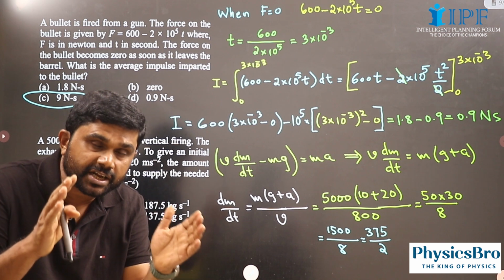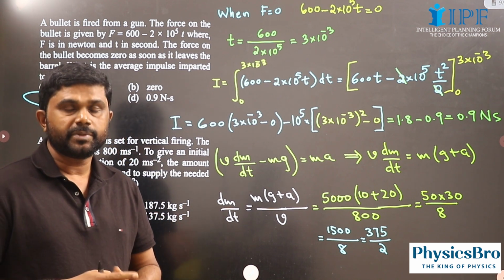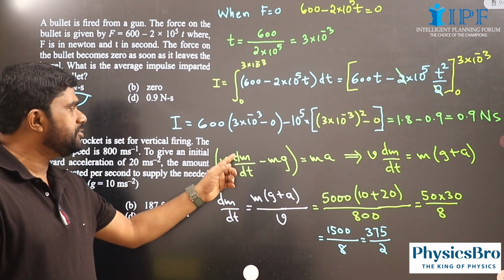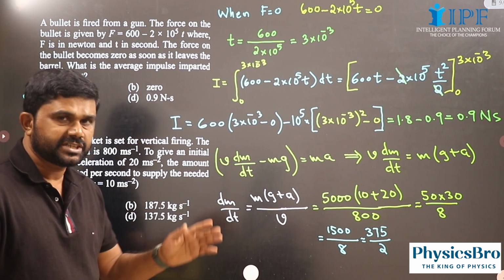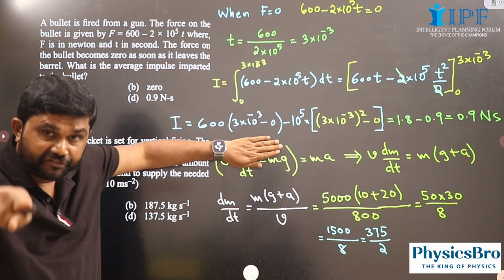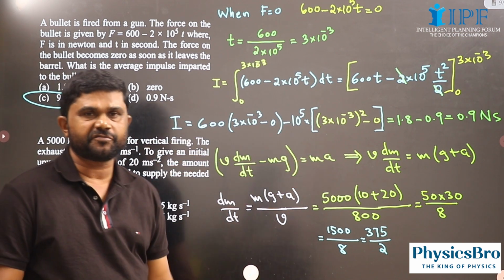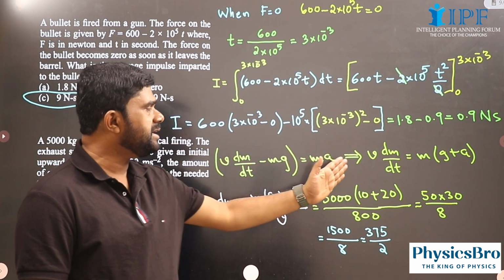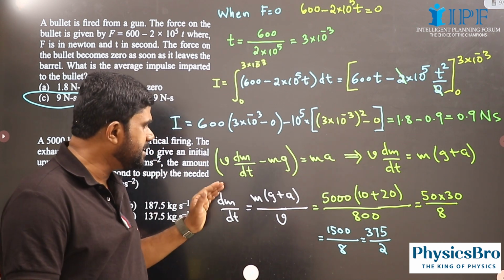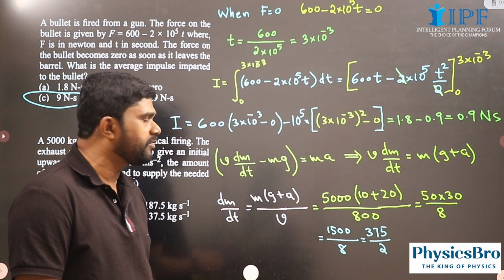So the resultant force acting upward means upward force minus downward force. Means V into dm by dt upward minus mg is the resultant force acting upward. Means this stands for F. It must be equal to ma. F equal to ma, so V into dm by dt will be m into g plus a, and dm by dt will be m into g plus a over v.